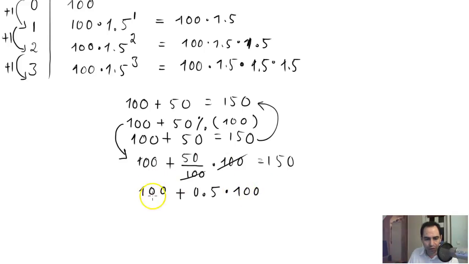So now you can simplify this. You can take 100 out. So 100 times 100 divided by 100 is equal to 1, and 100 divided by this whole thing becomes 0.5. And so this becomes 100 times 1.5.